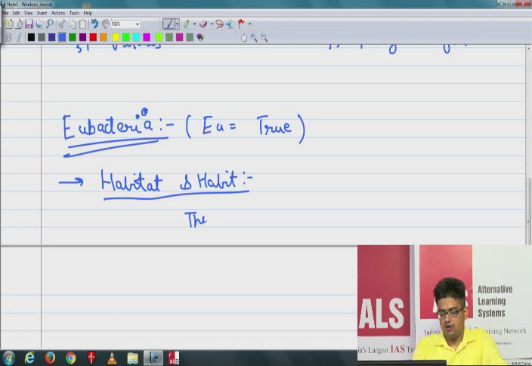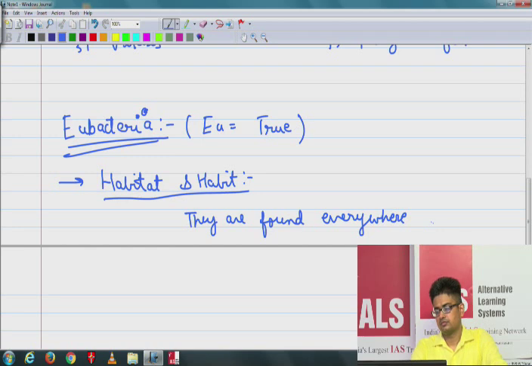They are found everywhere. Cosmopolitan. All right. So they are found everywhere.